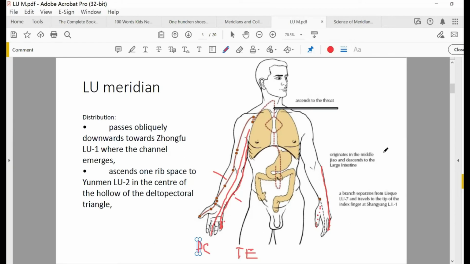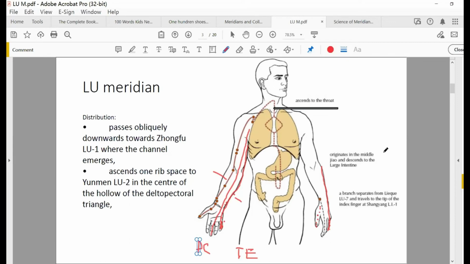So the palm, that's the yin part. Look at the skin tone.